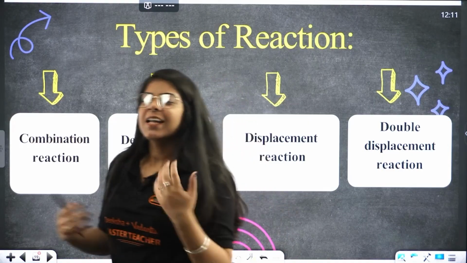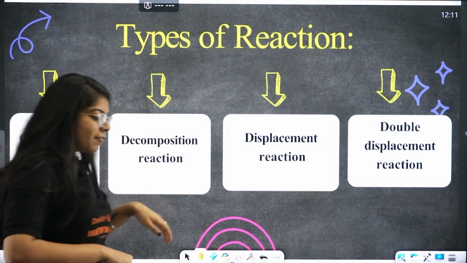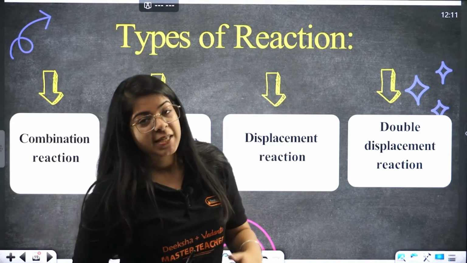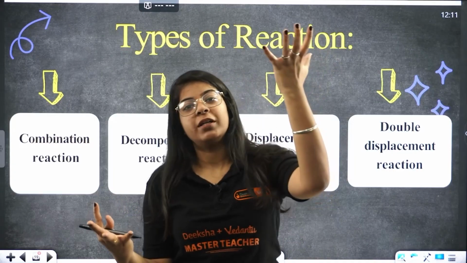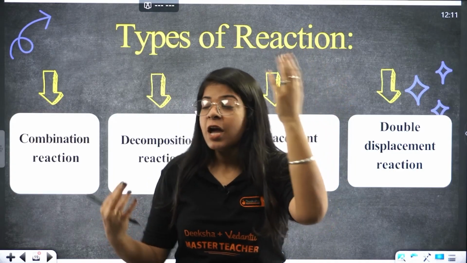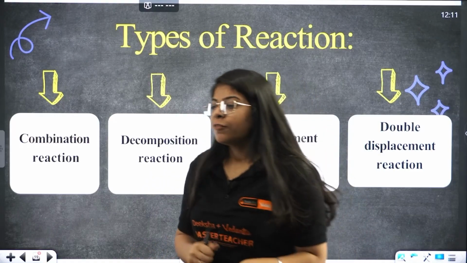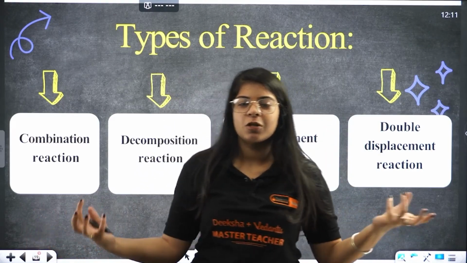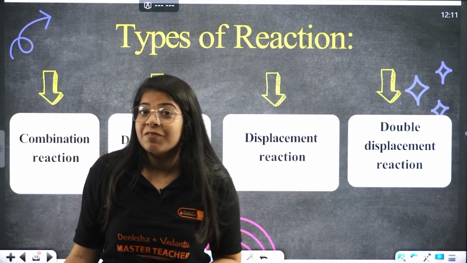Okay, so let's start with the types of reactions. We have different types of reactions. When I tell you naphthalene balls got evaporated, that's a different type of reaction. When we made chai, that's a different type of reaction. When we mix some random elements in our school chemistry lab and a blast happens, that's a different kind of reaction.